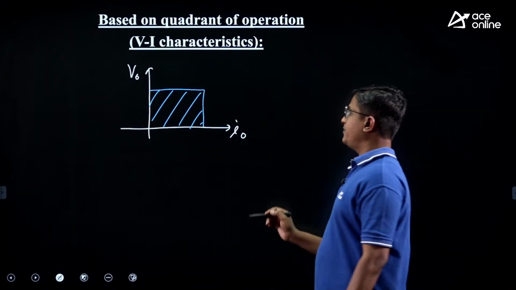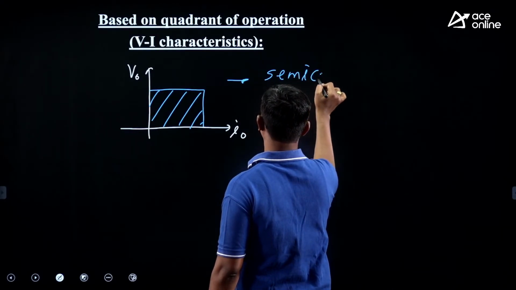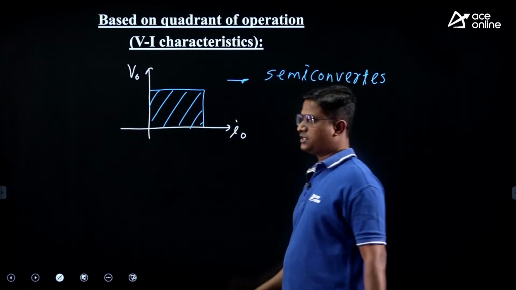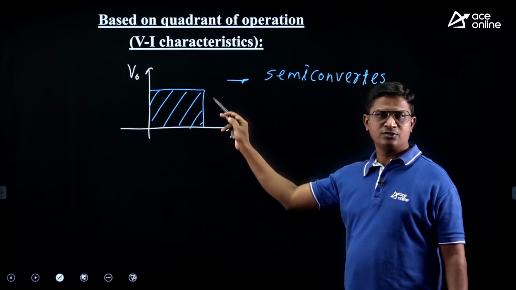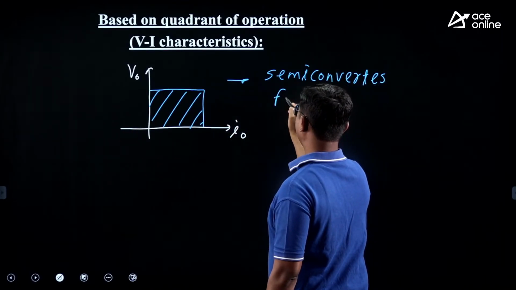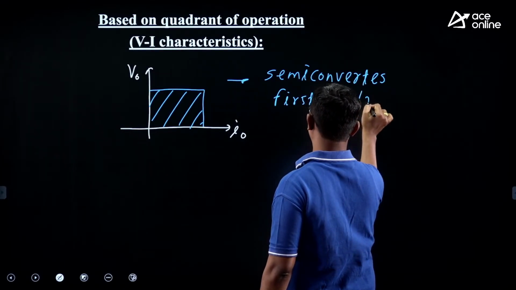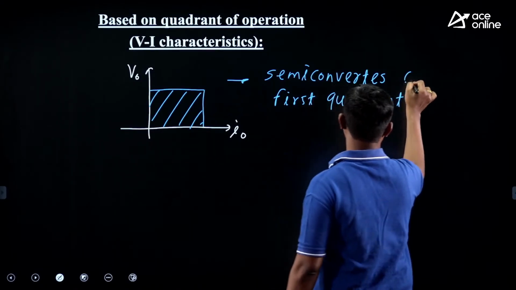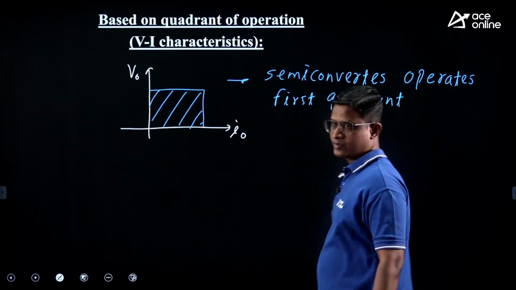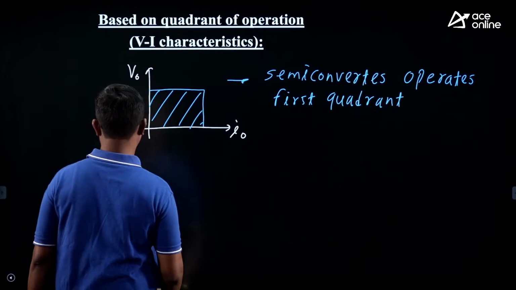Generally your semi converters give first quadrant operation. This is the first quadrant, right? So semi converters operate in the first quadrant. Second, two quadrant rectifiers.